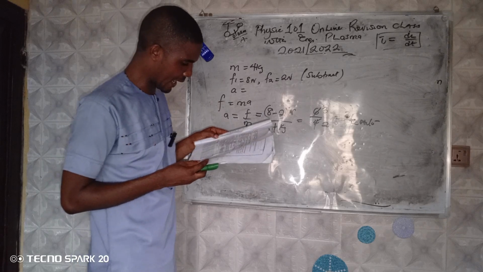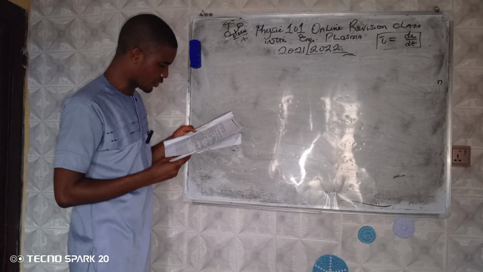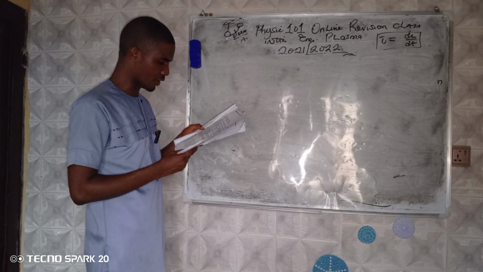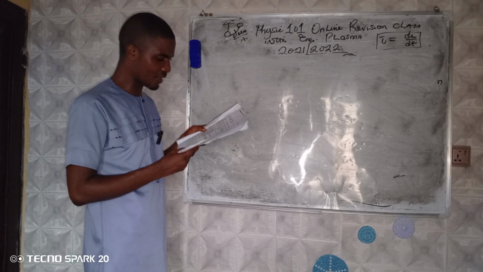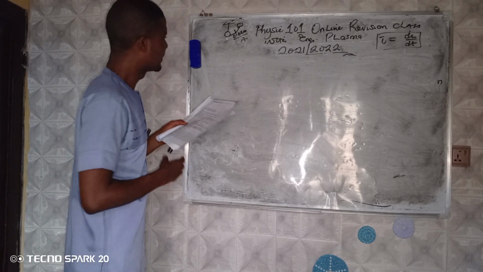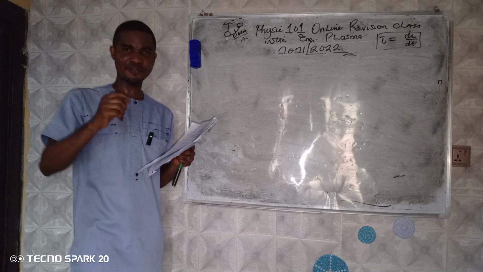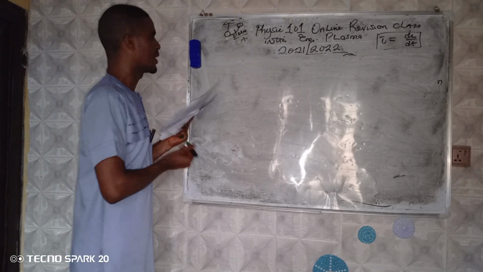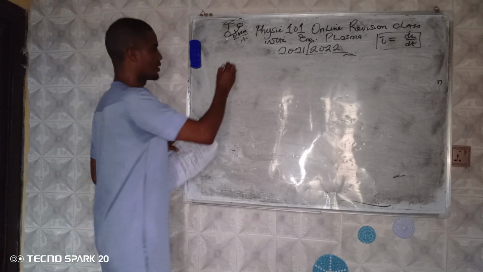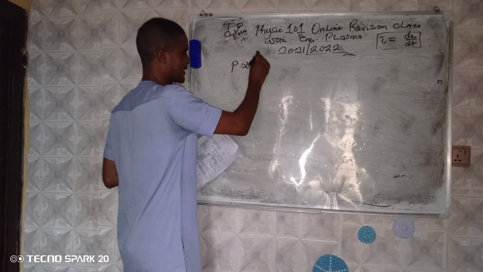Going to question number 9. Calculate the pressure at a depth of 5,000 centimeters in a river with water density of this. Now, to calculate pressure in a river or in a fluid, you must know one thing: pressure is directly proportional to depth or height.